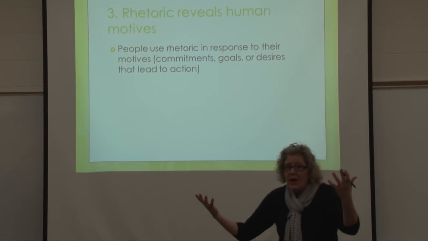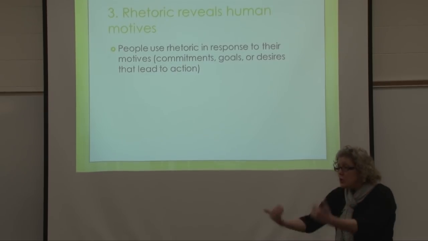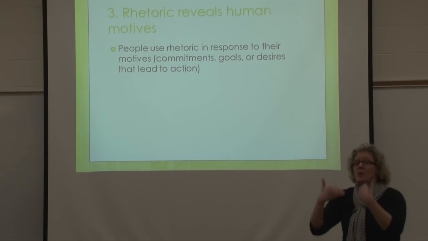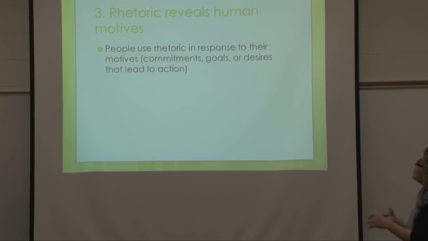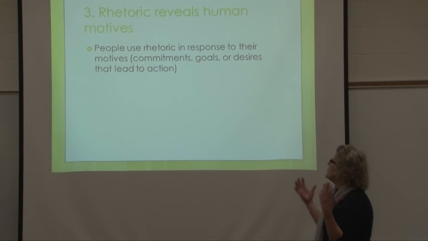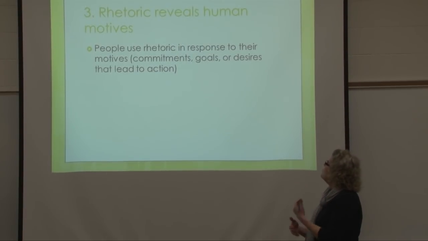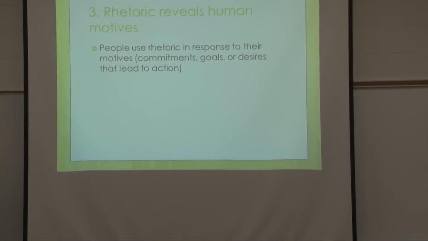Sometimes we want abstract things, sometimes we want concrete things. But we use rhetoric to get the things we want or need, okay? So people use rhetoric in response to their motives. It can be our commitments, our sort of philosophy or ideology. It can be goals or desires, anything that can possibly lead to action.